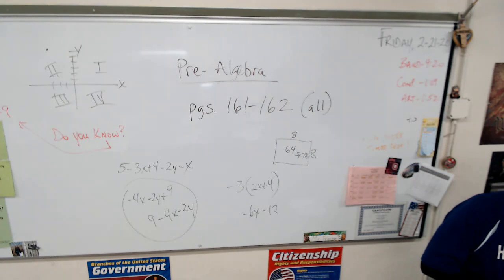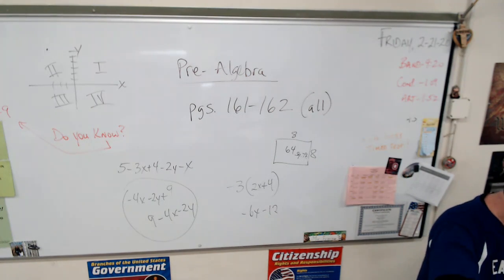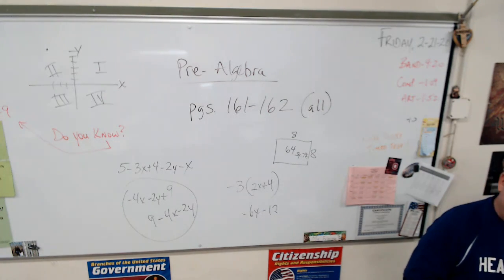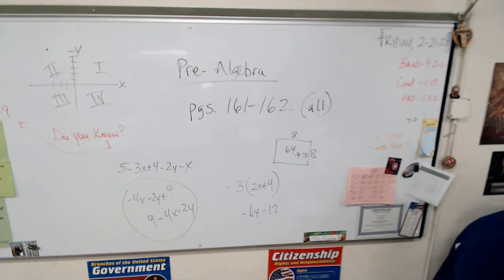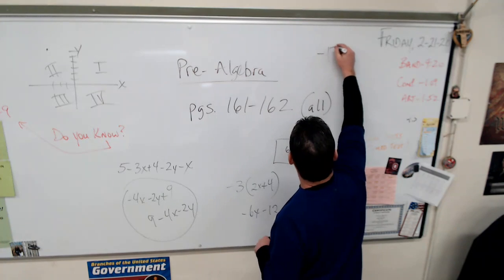If you didn't get 3.4 or anywhere close, what's the strategy you should use? Take all the negatives, add those together. Ready? Follow me here. 40, 15, 10, that's 55, 65, 85. 85 and 86 is 171. So I added all the negatives, and I got negative 171.